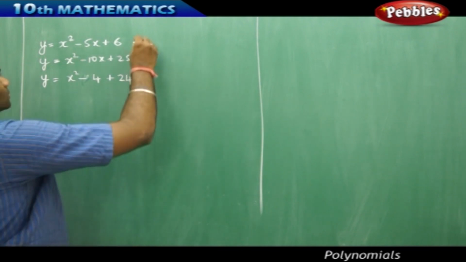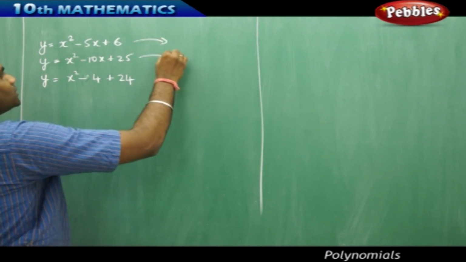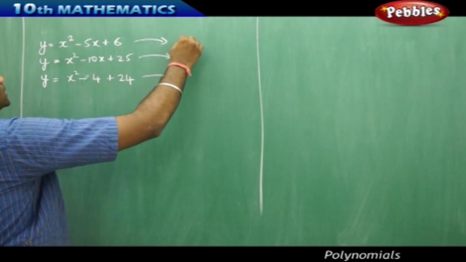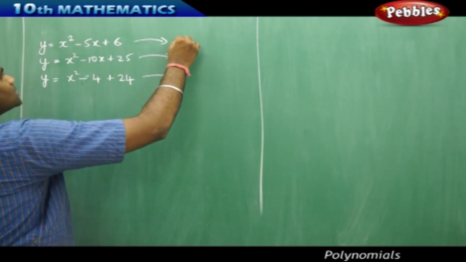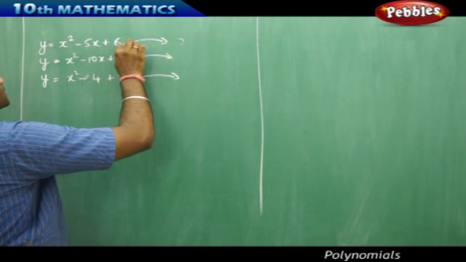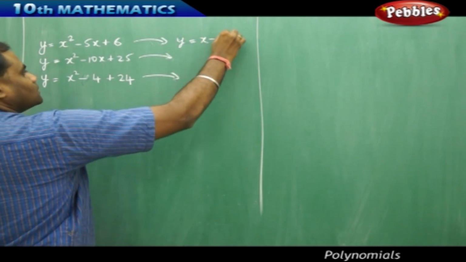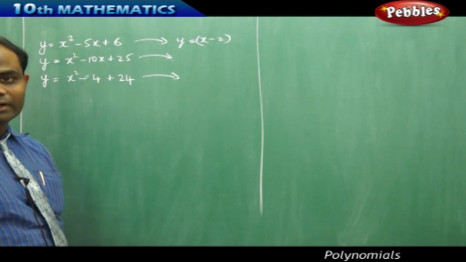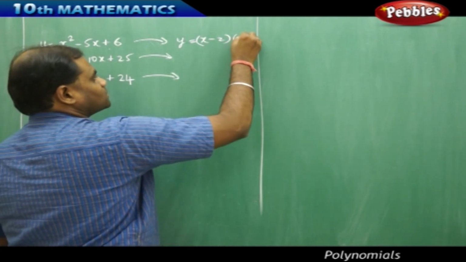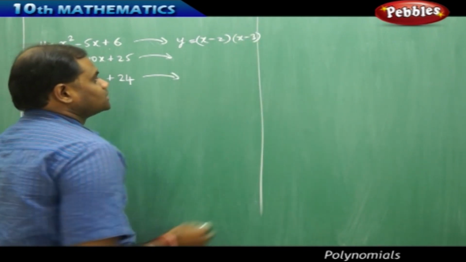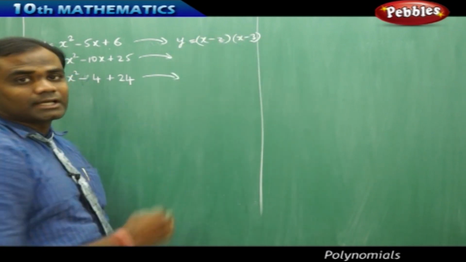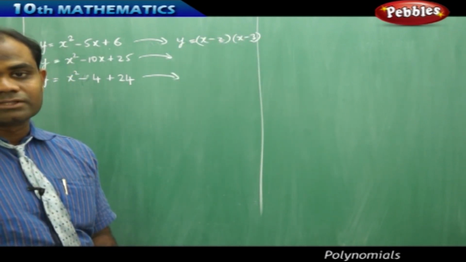To start with, I will find the zeros of each of the cases. Now here I clearly identify that the zeros are obtained by taking this equal to 0, and this is reduced. When factorized, I get x minus 2 times x minus 3, which gives me the x-intercepts as 2 and 3 in case 1.